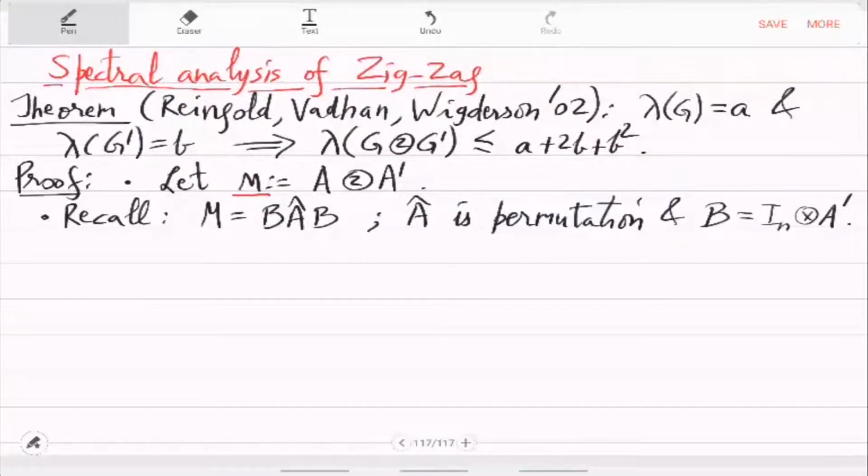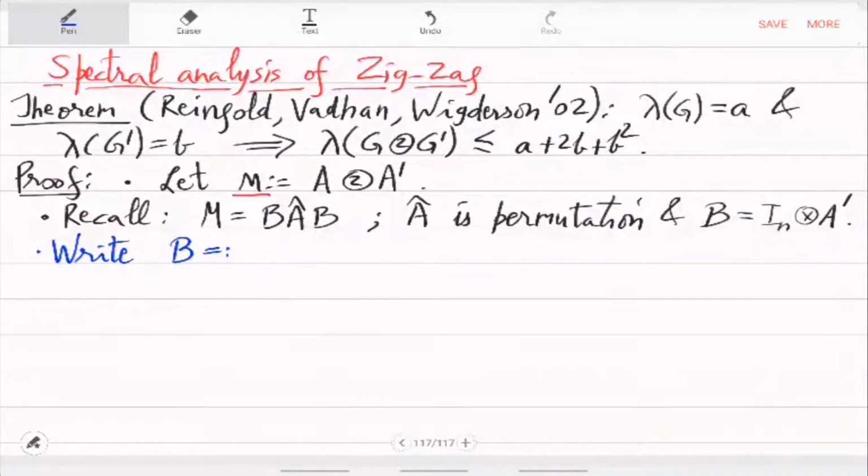Let us do the following. We will write M in a different way, and we will start by rewriting the B matrix.